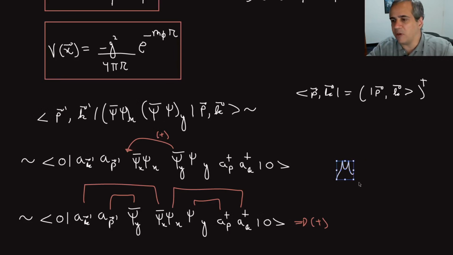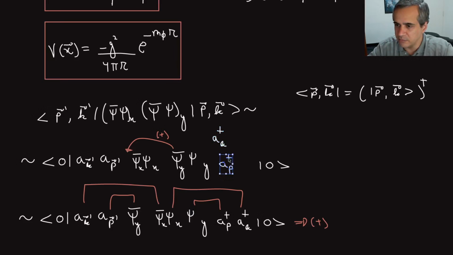But you could think, what if I change my convention? What if my convention was this instead of the previous one? That's a minus sign in comparison to what I had before, I exchange these 2 operators that anti-commute with each other.